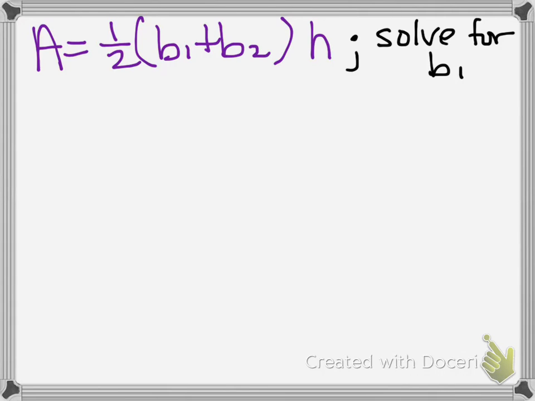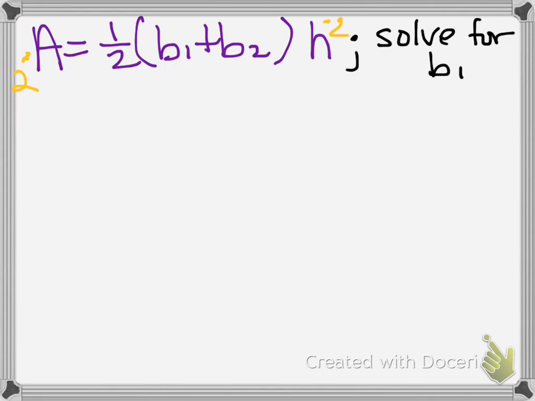Well, look at the 1/2. If we multiply by the reciprocal of 1/2, which would be 2, the 1/2 will go away, and then we won't have any fractions. So let's start by multiplying both sides of this equation by 2. We're going to do a times 2 and a times 2.